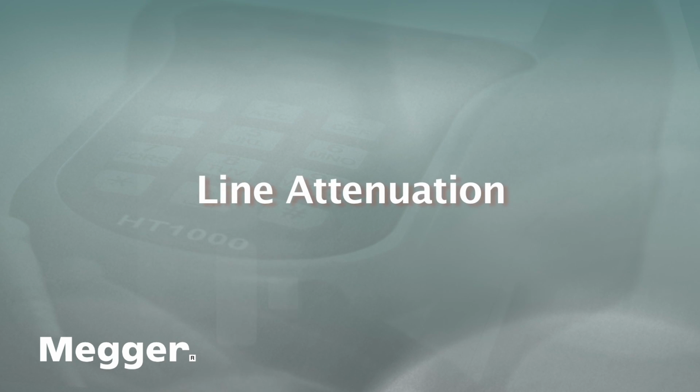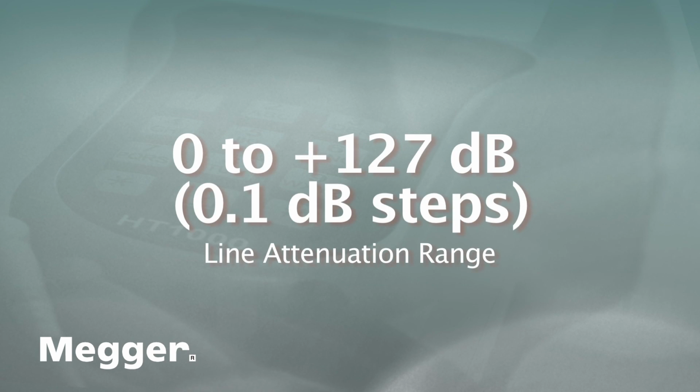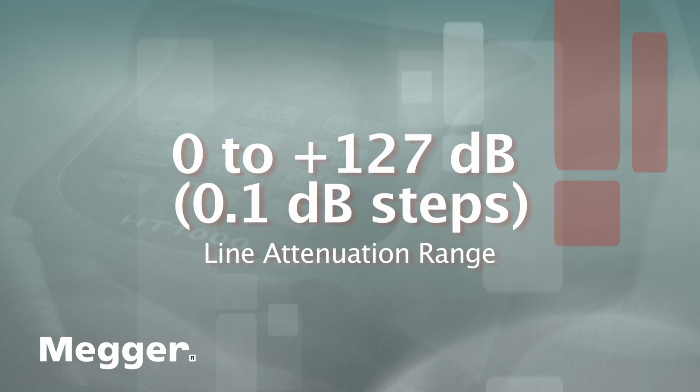Line attenuation. The measured difference in the total power transmitted and the total power received over all subcarriers during diagnostics mode and initialization. Line attenuation ranges from 0 to plus 127 dB with 0.1 dB steps, although 127 dB is unlikely in a real system.